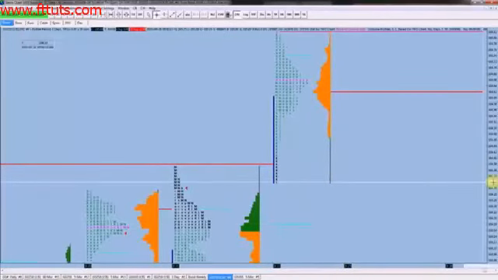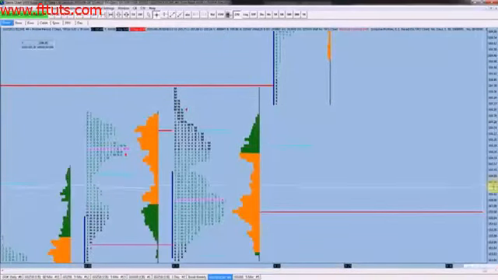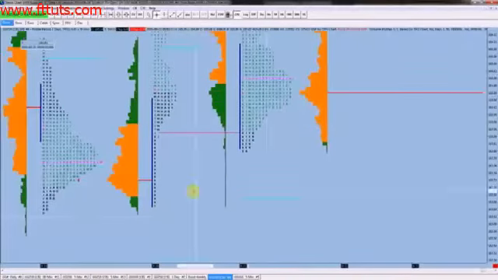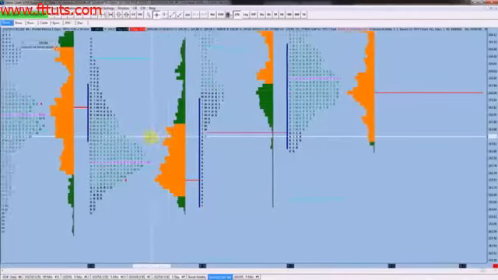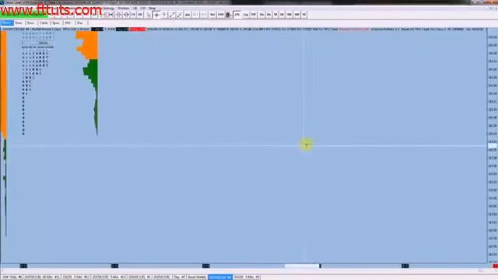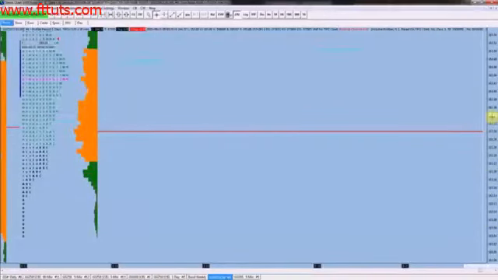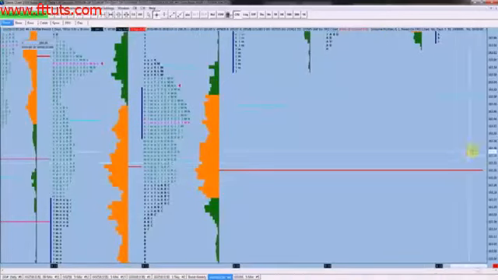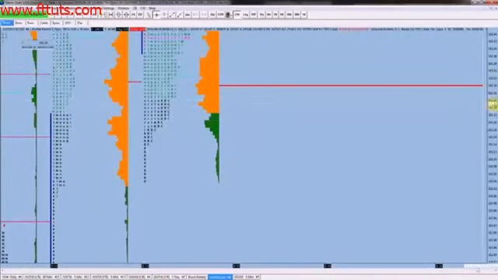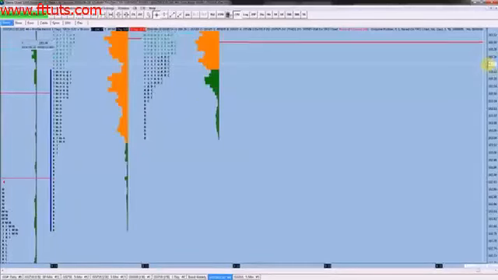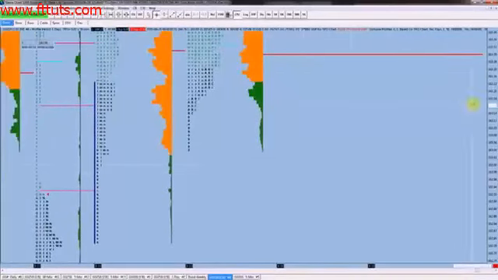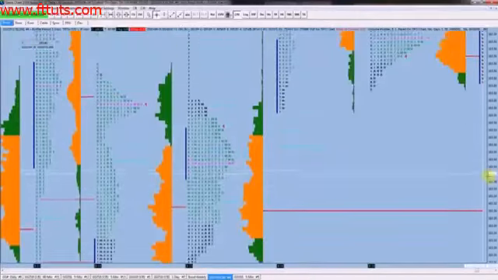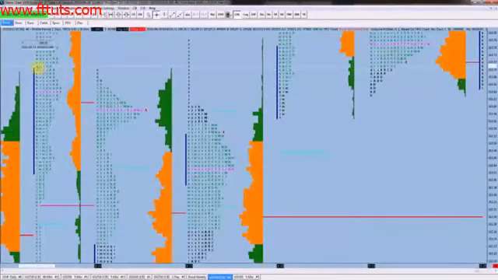Now, an example of where it didn't work would have been, well, actually, this day it worked as well. We had an open drive, buyers remained in control for the whole day. However, there was a day where... This day here, you can see the K print would have been the high at the point.